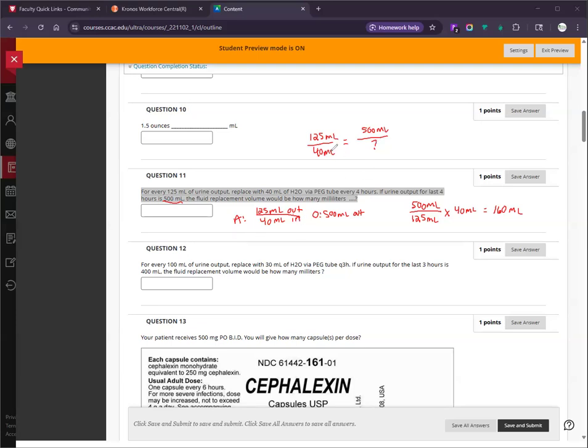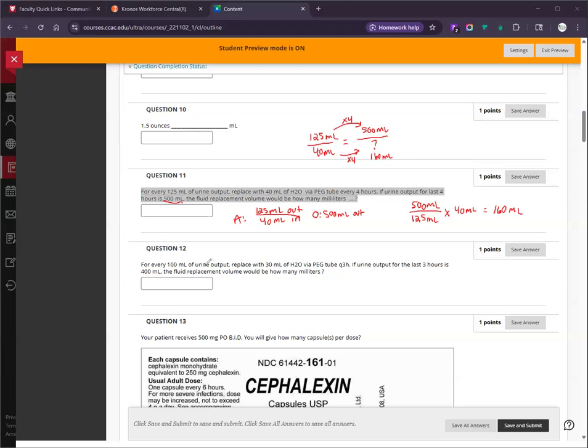You don't even have to cross multiply. Just ask, how do I go from 125 to 500? For this, it'd be times 4. You could take 500 divided by 125 and see how many times it goes in. It doesn't always work out evenly, but it probably will for these types of questions. Whatever you do at the top, you can do to the bottom. That's just another way to figure this out, and that's where the 160 comes in again.